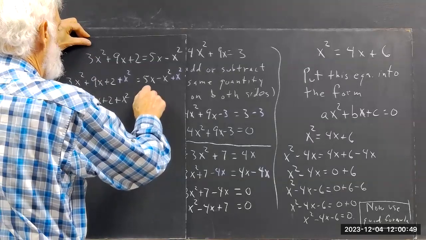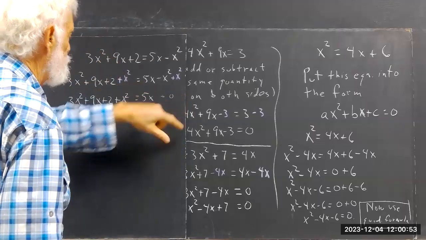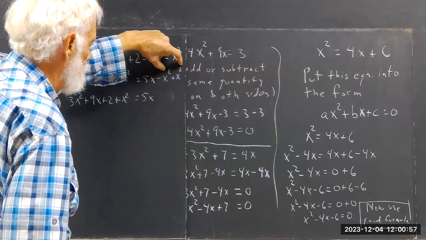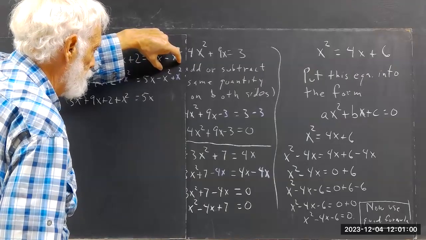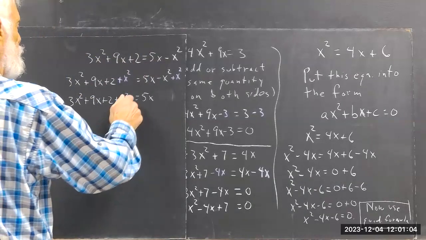And here we have 5x. We could write plus 0, but 5x plus 0 is just 5x. So we can understand that the negative x squared plus x squared gives us 0 and doesn't contribute anything over here.